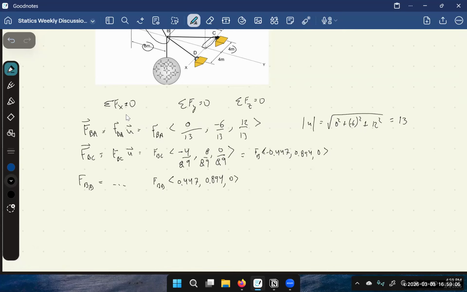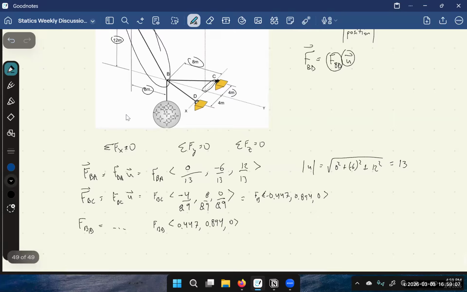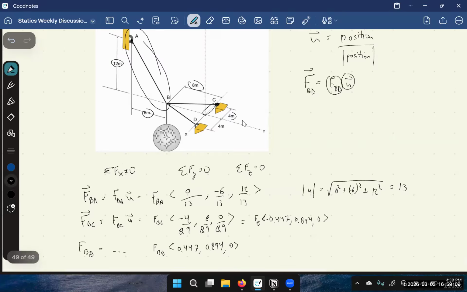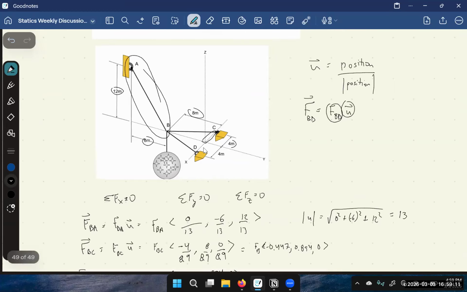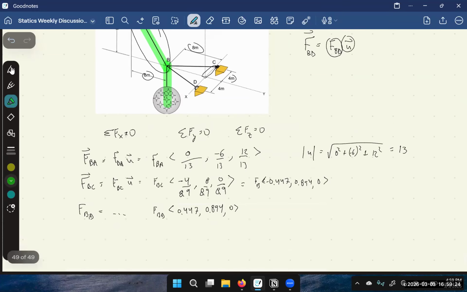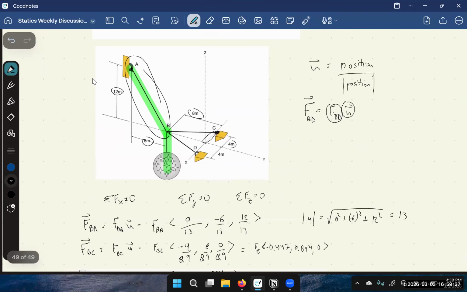Okay, the next part is to do things in static equilibrium. So let's start with the z. In the z-axis, there's only this force in the cable pointing up in the z-axis, and then there's a weight going down. You can also do this with triangles where you have this tension BA projected to the z-axis.